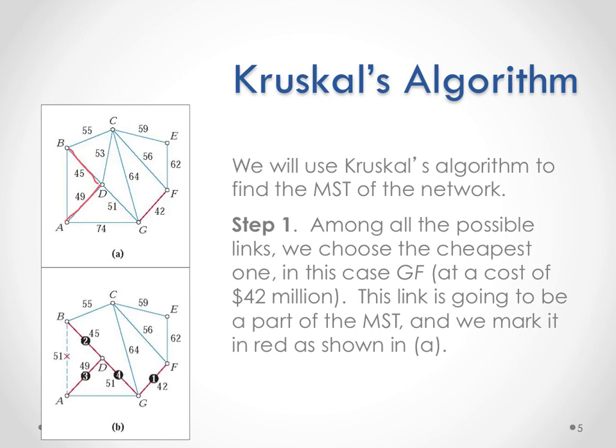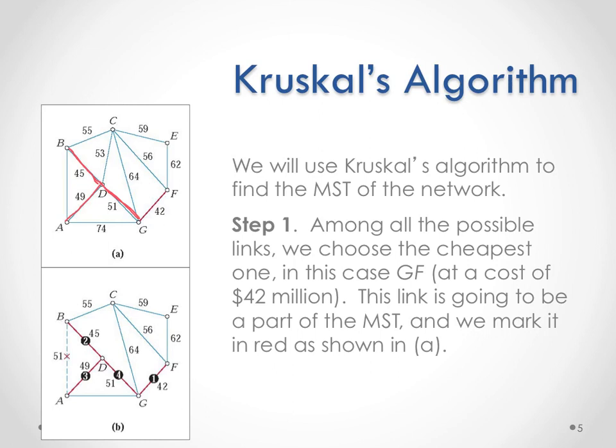Remember, in the cheapest link, we did not care if they connected. We are only picking the cheapest link. The reality is as we continue to pick them, they will eventually connect, but they don't have to connect at the beginning. So we're just choosing them. All right. So the next one after the 49 is the 51. So that's the figure that we have down here.